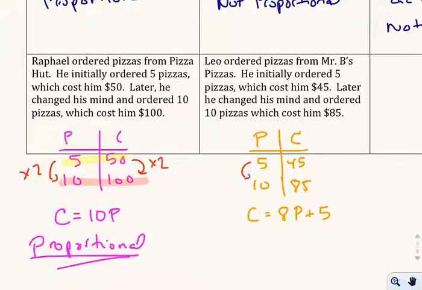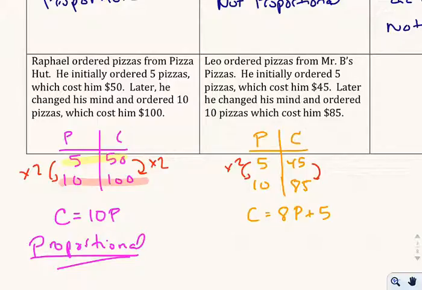On this side, I did double the amount of pizzas ordered, but I should not double the cost because there was an initial fee there. 45 double would be 90, and that definitely implies that if I were to double the cost, I'm also going to be charged that $5 fee twice.